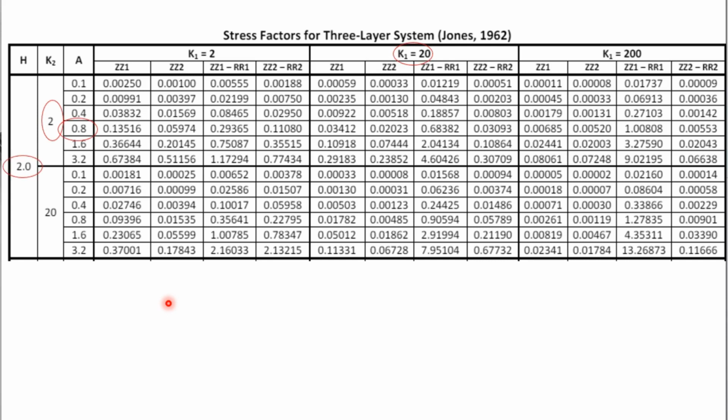and find out what is the value of ZZ1, RR1, ZZ1 minus RR1 and ZZ2 minus RR2. So these are the values of interest, right?